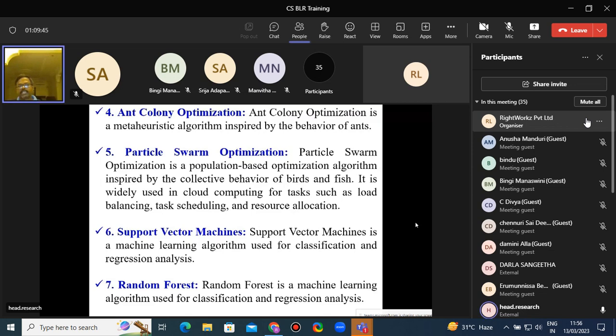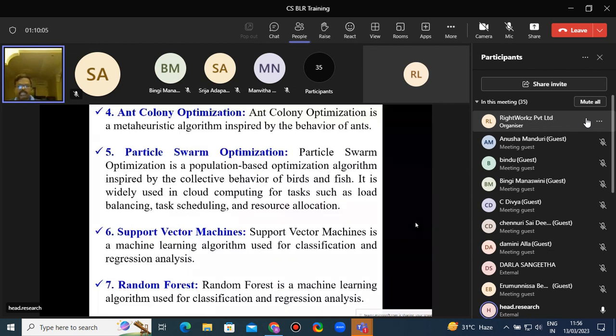Particle swarm optimization is one of the famous algorithms under cloud computing. Particle swarm is a population-based optimization algorithm inspired by the collective behavior of birds and fish. It is widely used in cloud computing for tasks such as load balancing, task scheduling, and resource allocation.